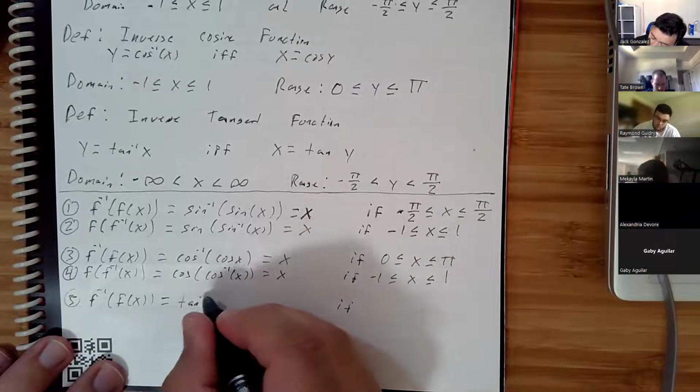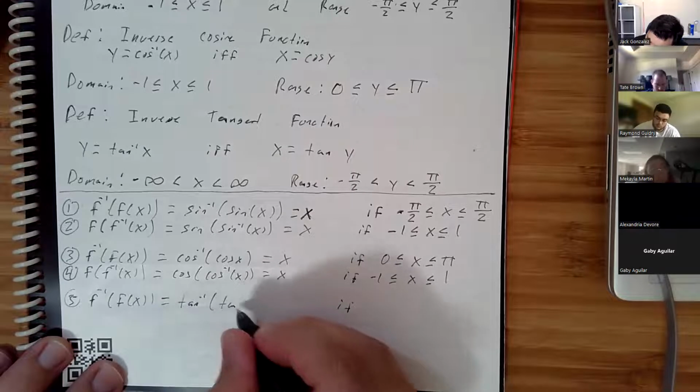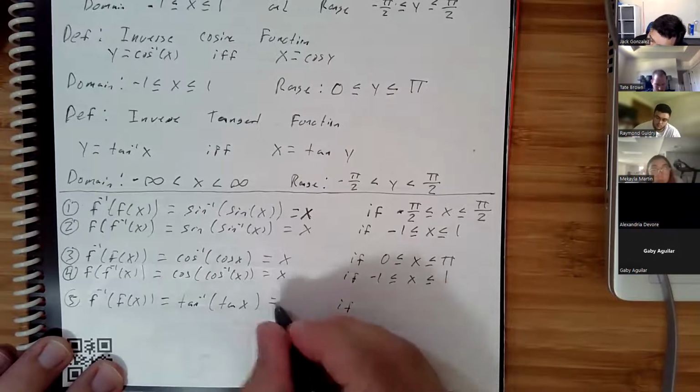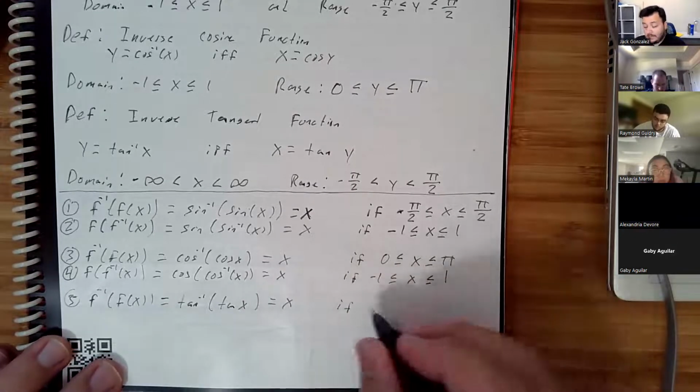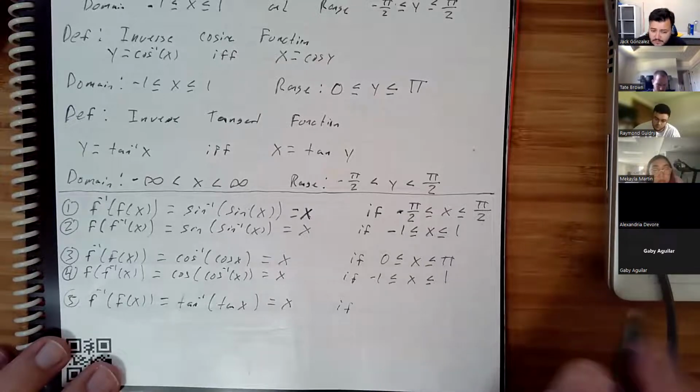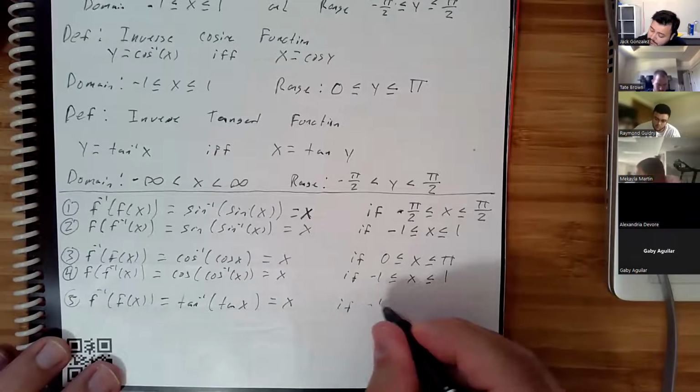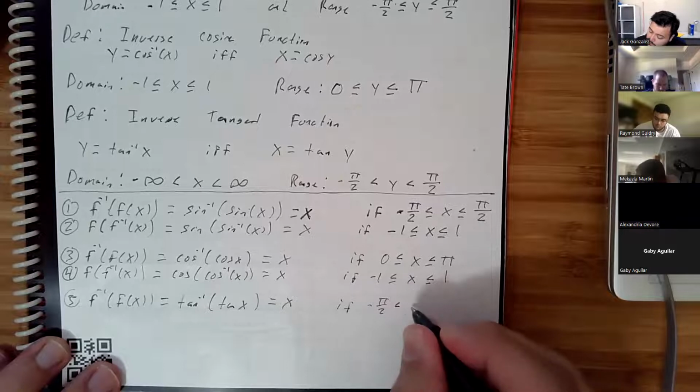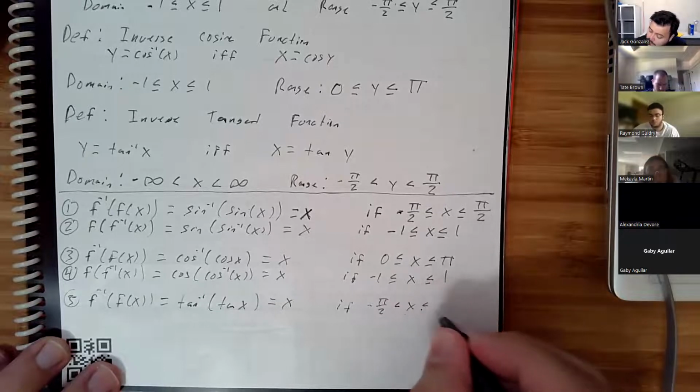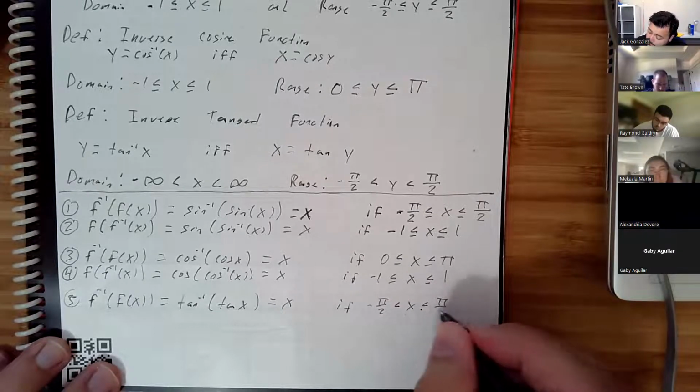Tan inverse of tan will cancel if x is within negative pi over 2, not equal to pi over 2.